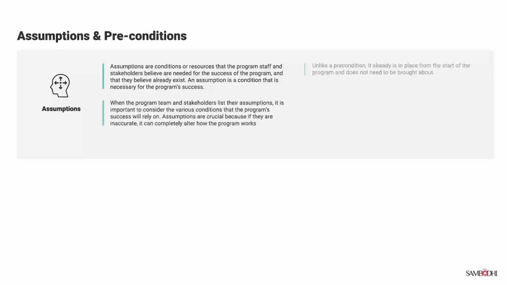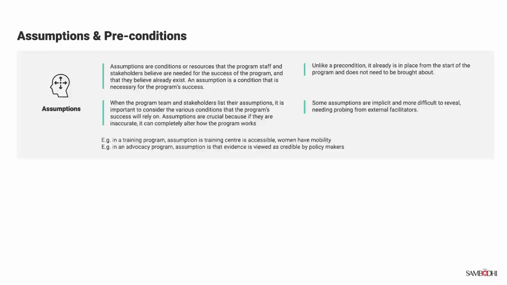Assumptions are conditions or resources that the program staff and stakeholders believe are needed for the success of the program, and that they believe already exist. They are crucial because, if inaccurate, they can completely alter how the program works. Some assumptions are implicit and more difficult to reveal, which requires probing from external facilitators.